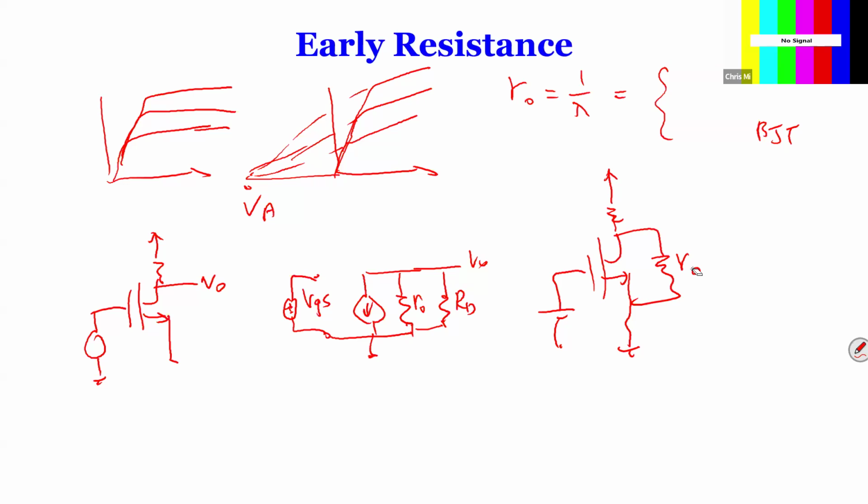But of course, you might ask, in theory, can we derive that? You certainly can. If you look at the equation of ID, for example, equal to 1/2 Kn' W over L times (VGS minus VT) squared, that's the linear part, and then you have another term, 1 plus lambda VDS.